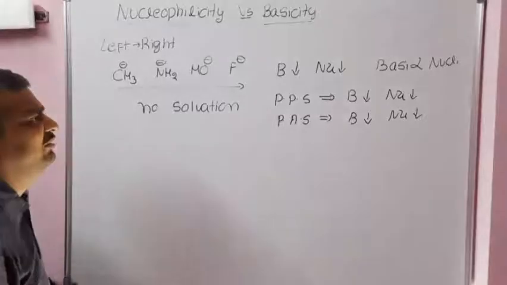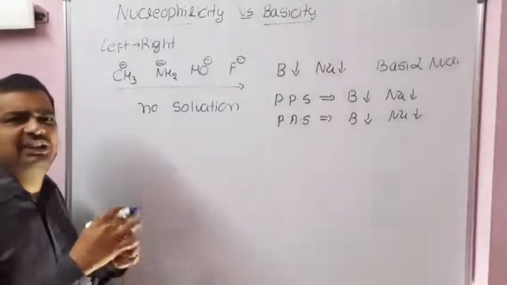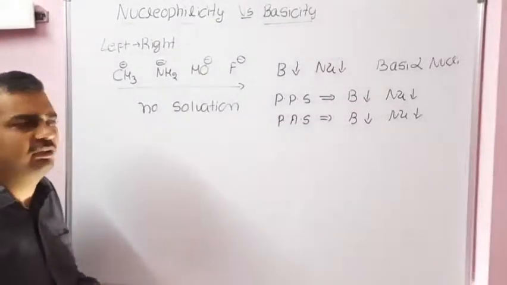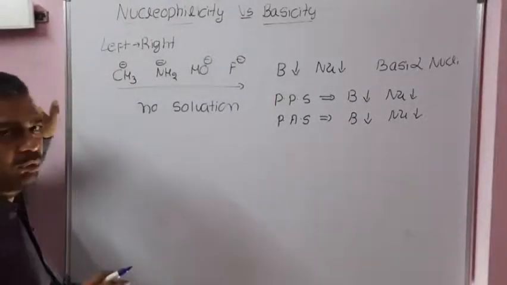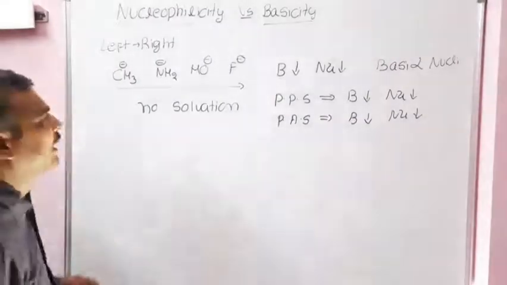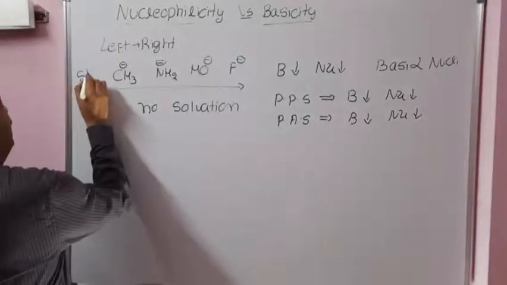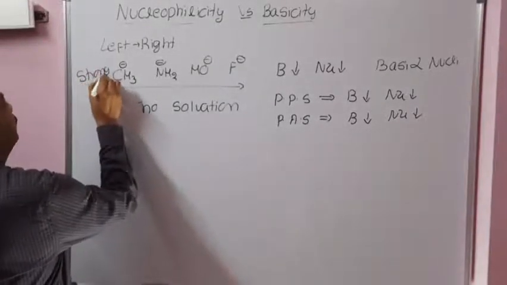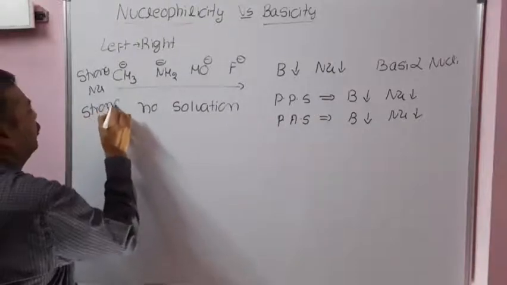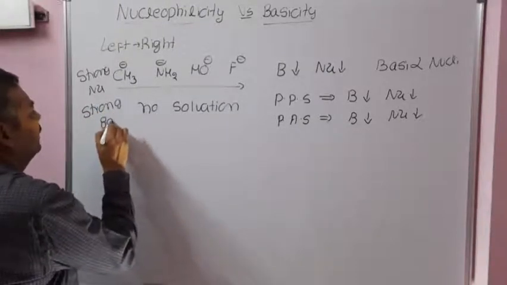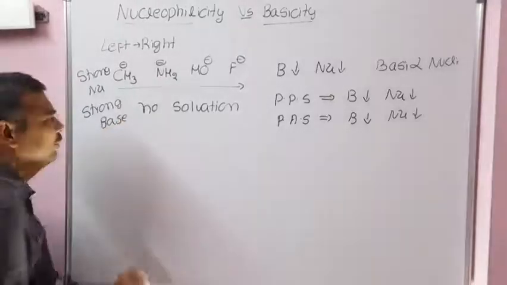Since no solvation effect, the order is the same. Basicity is directly proportional to nucleophilicity. From left to right, strong nucleophile, strong base, in protic solvent as well as aprotic solvent.